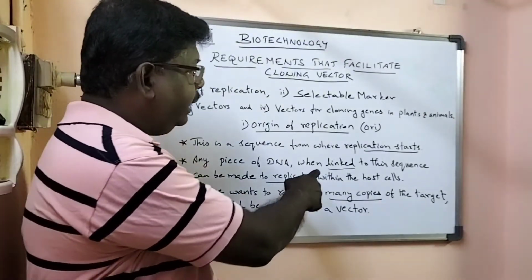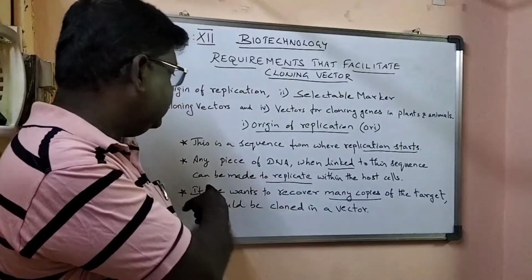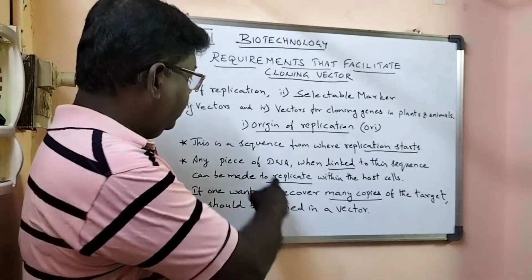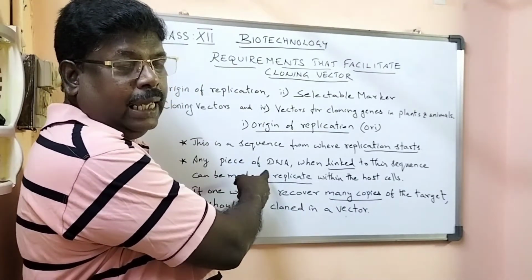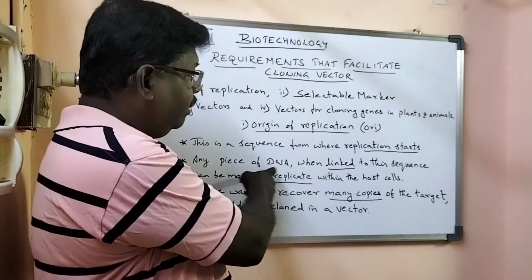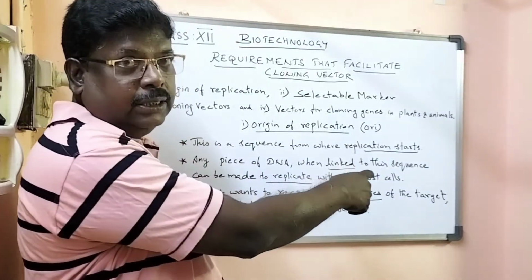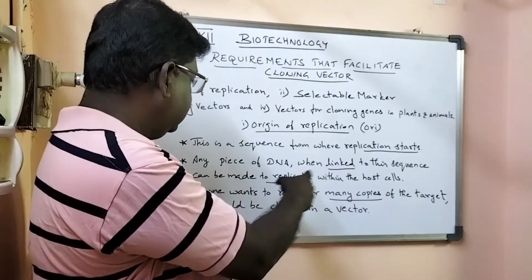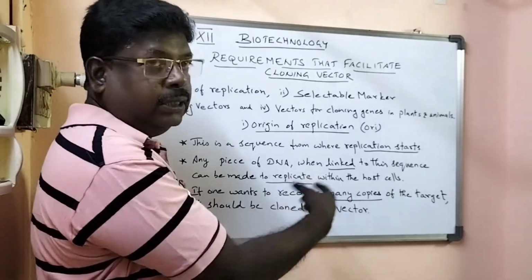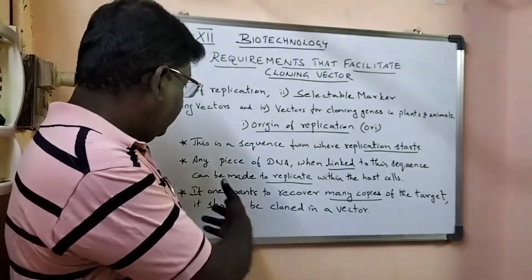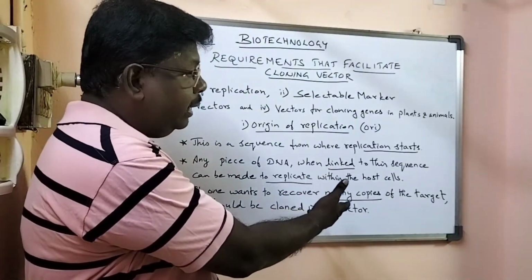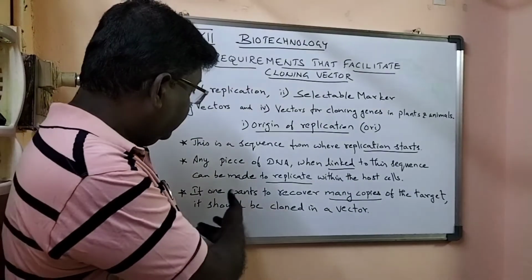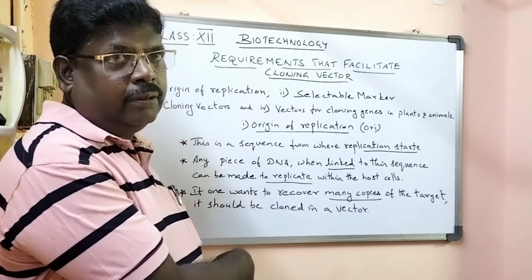Any piece of DNA linked to this sequence can be made to replicate within the host cell. That piece of DNA is your alien DNA, foreign DNA, or desired DNA. When linked to the origin of replication sequence, it can be made to replicate within the host cells. So if one wants to recover many copies of the target DNA, it should be cloned into a vector.